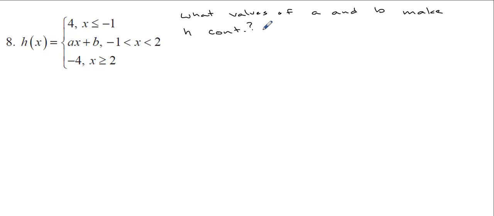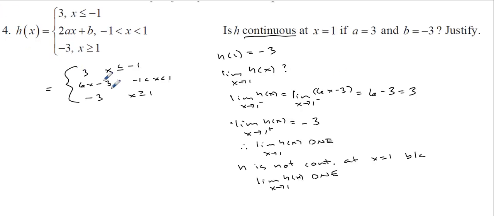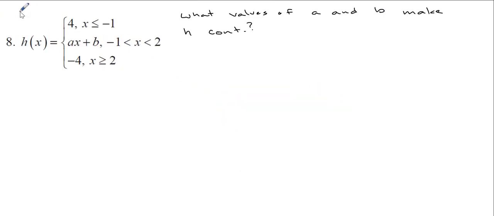A big hint is which one of these processes allows us to set up an equation? The limits. For the limit to exist, the left-hand limit has to equal the right-hand limit. So let's check at x equals -1.